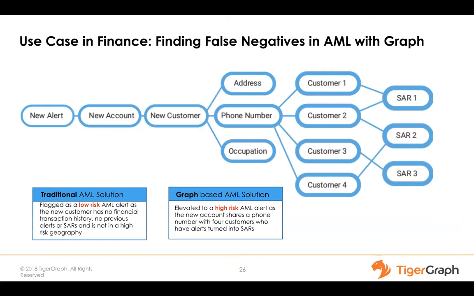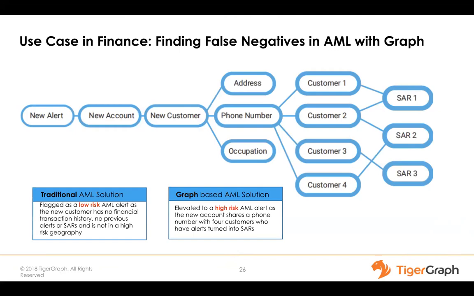In the example above, this new alert would likely have been classified as a low-risk alert under a conventional scoring approach, because none of its attributes measured by the traditional scoring model displays any AML risk.